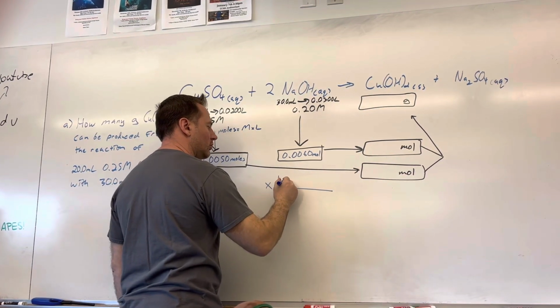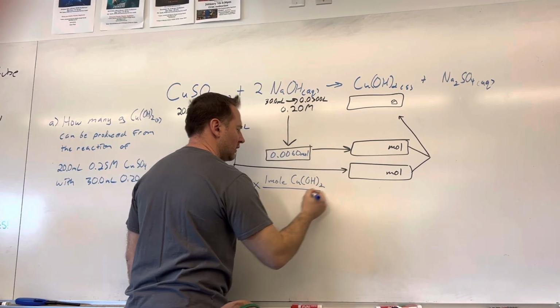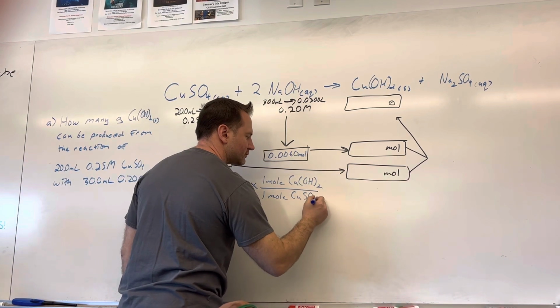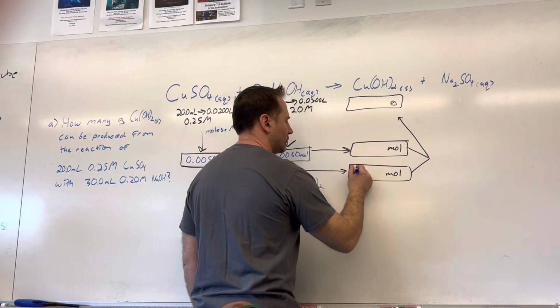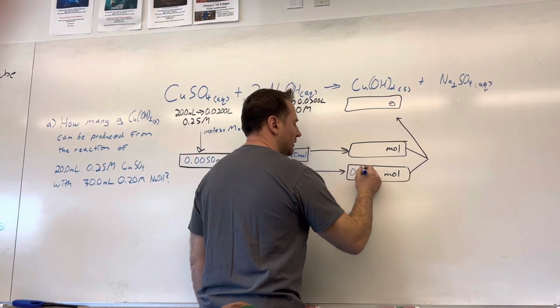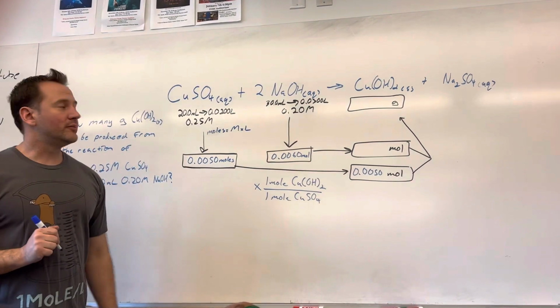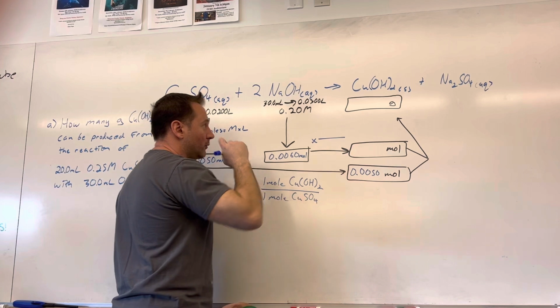So you get 1 mole of copper hydroxide for every 1 mole of copper sulfate. And so that means that the number of moles we'd be capable of producing from our copper sulfate is 0.0050 moles.